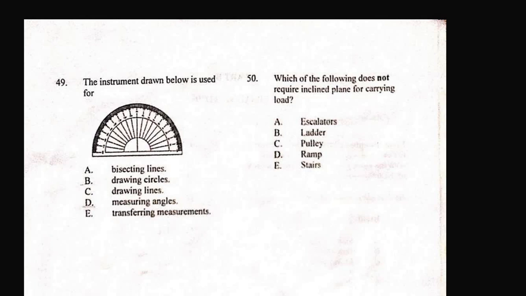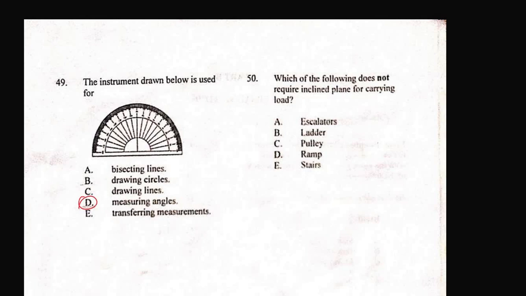The first thing we need to do is to identify the instrument. This is a compass, and we use the compass to measure angles. So the correct answer is option D.